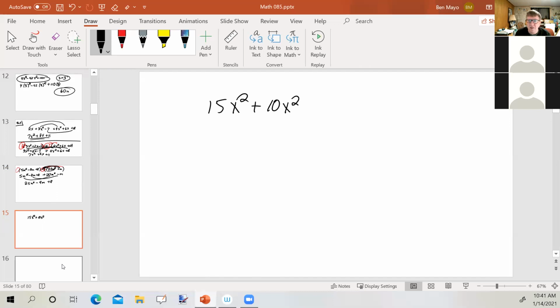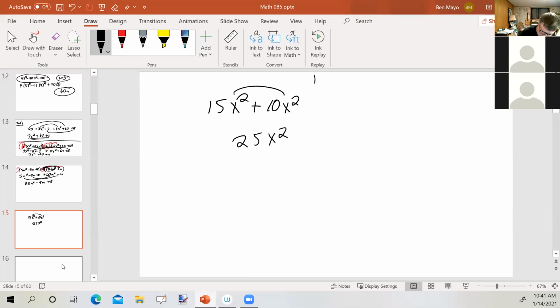Well, in this case, you could look at it as, well, we're adding two monomials together, but they are like terms. So we get 25x squared is our final simplified polynomial. As far as descending powers, since there's only one term, that's it. It's just 25x squared.